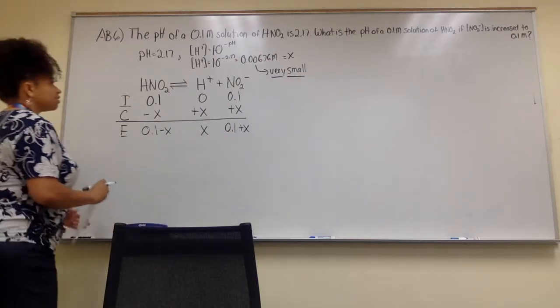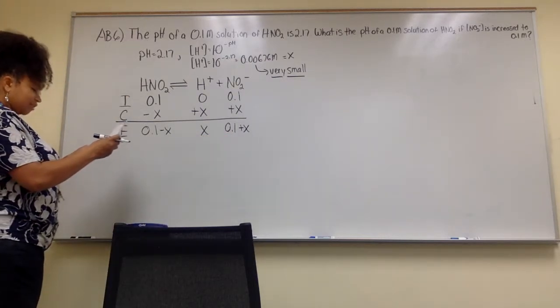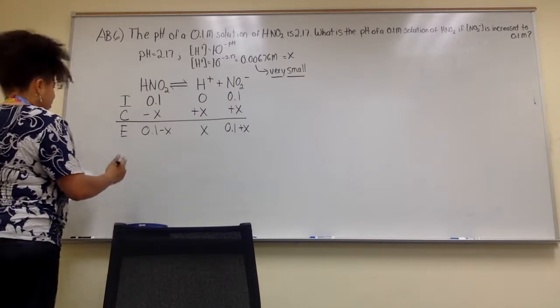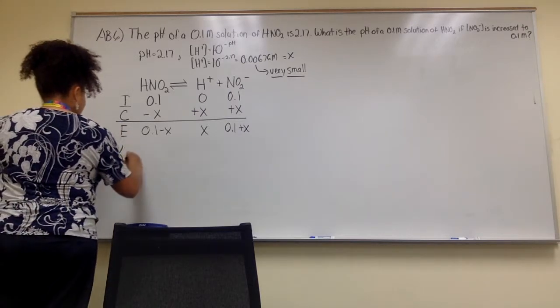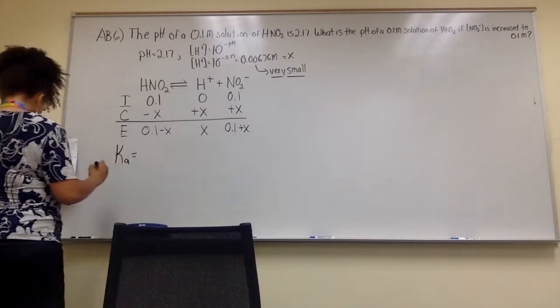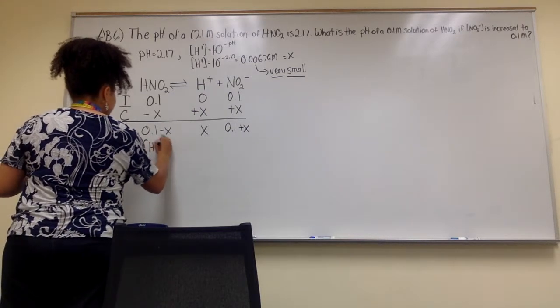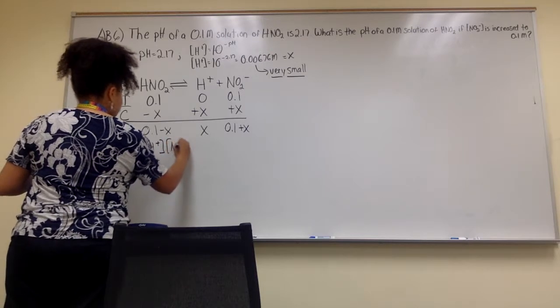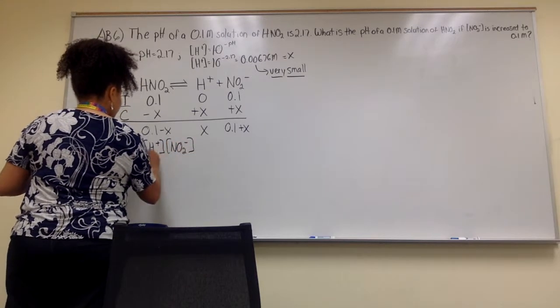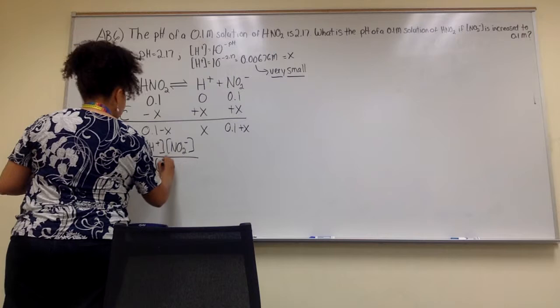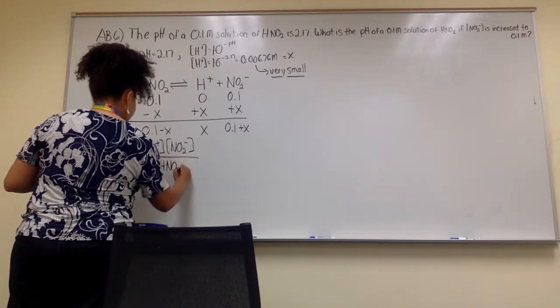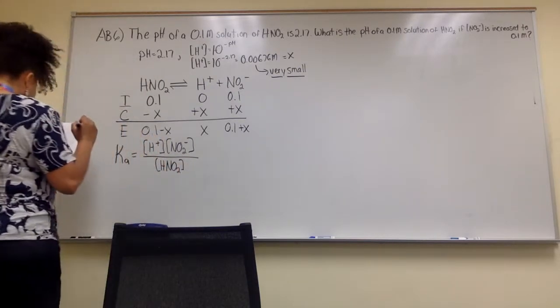So now let's figure out our x. And we're going to use this same old relationship. Ka is equal to H plus times NO2 minus all over HNO2, right?